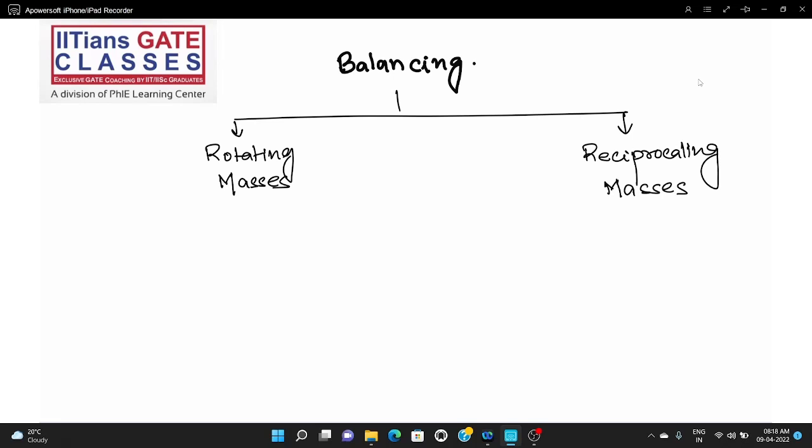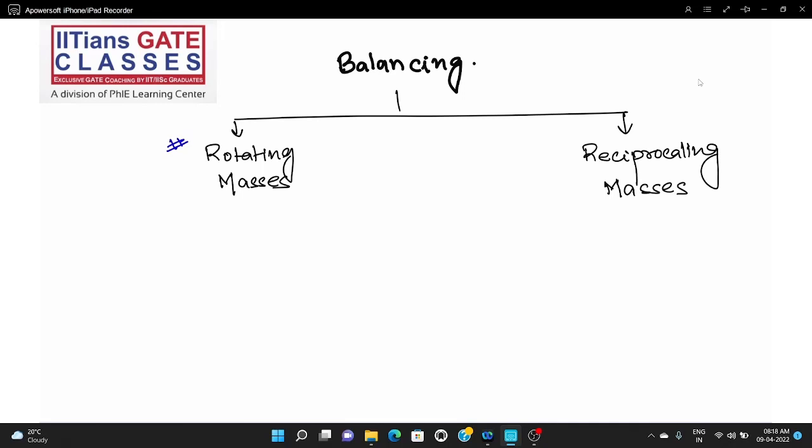So all the aircraft will have some amount of rotating masses, so balancing of rotating mass is much more important for us.